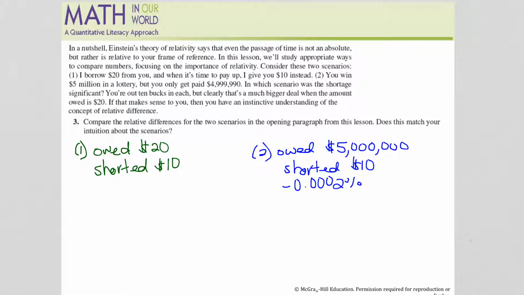But in this case, your shortage is by 50%. So which one of these is significant? Well, here you were shorted $10, but you still got $10 less than $5 million. Not a big deal, right? So this one is not significant. While if I borrowed 20 and only gave you 10, that's important.